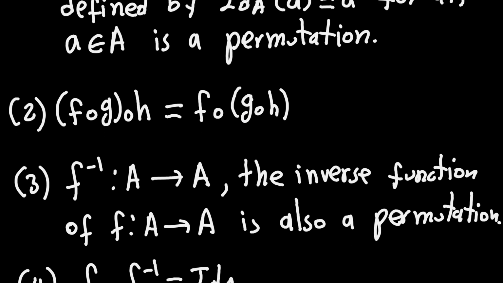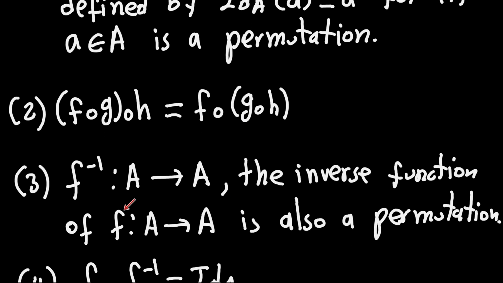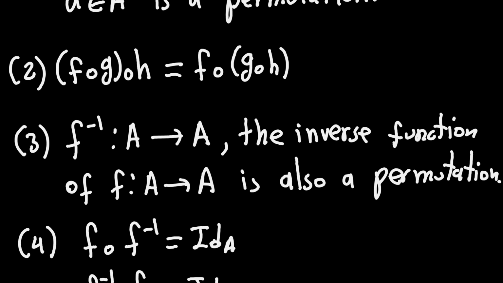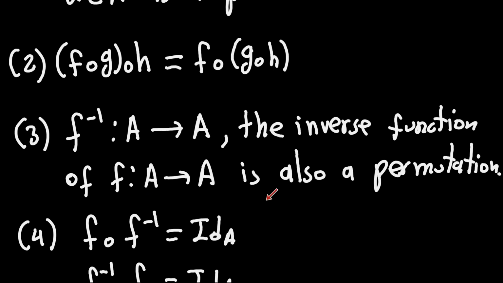Now because these are bijections, if f is a bijection, by discrete math there is a function called the inverse. So every bijective function has an inverse. Not all functions have inverses. Some of them do not, but if you have a bijective function, it will have an inverse that we call f to the negative 1. This is just notation. This does not mean 1 over f.